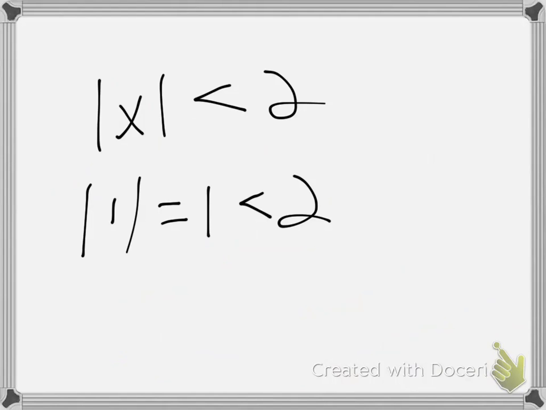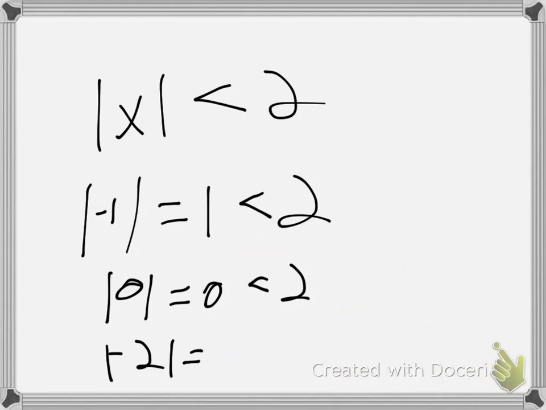If I plug in a -1, that equals 1, which is also less than 2. If I plug in a 0, that is 0, and it's less than 2. Now if I plug in a -2, that equals 2, which is not less than 2. So you can kind of see what it's supposed to be doing here.